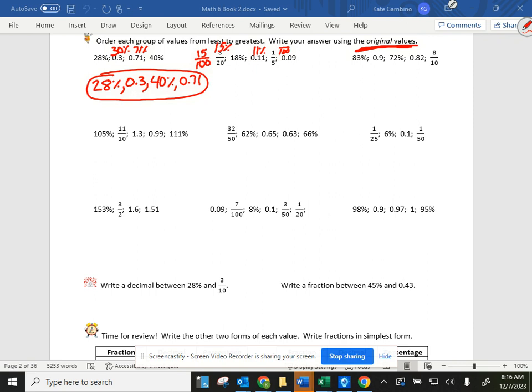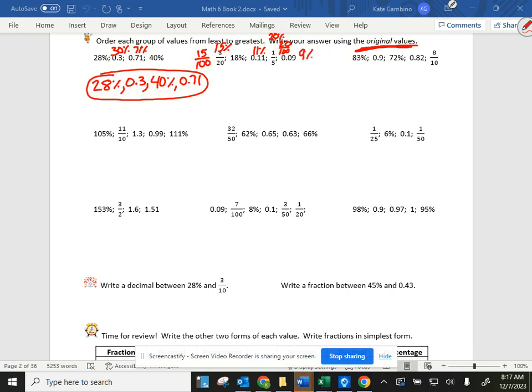So 5 times 20 gets us 100. 1 times 20 is 20. So we know it is 20%. What about 9/100ths? What percent is that? Layla, say it louder for me. 9%. I thought you said 90 at first. 9%. So 9/100ths is 9%.